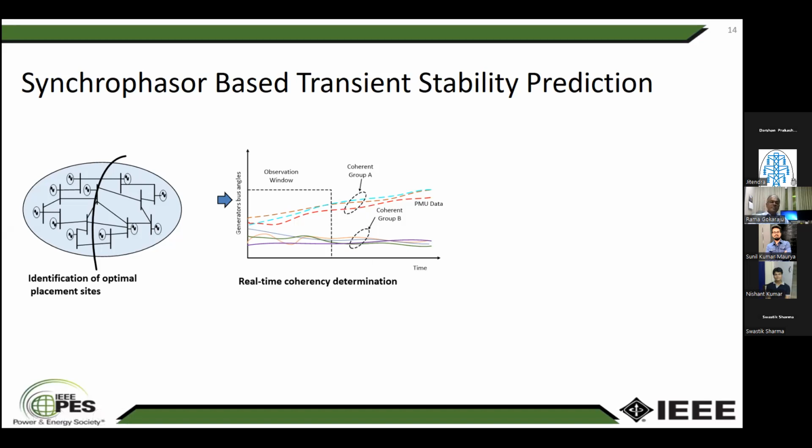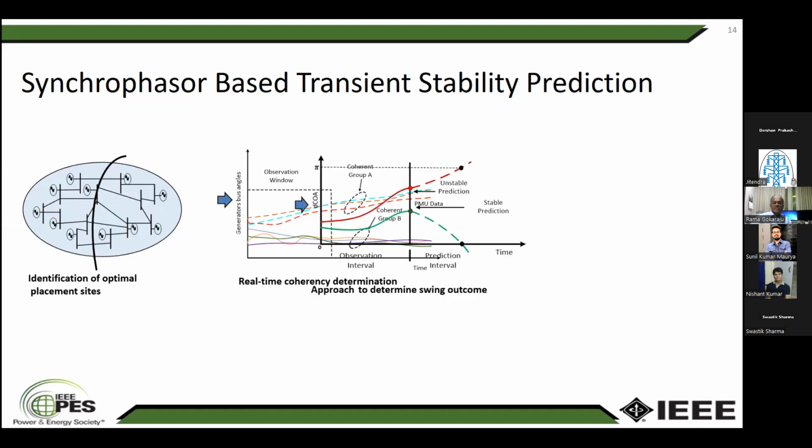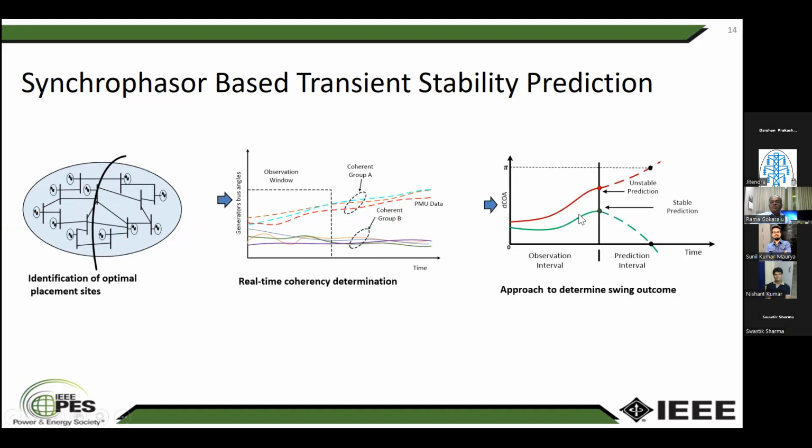These are the two coherent groups, and this can be a real-time coherency determination. There are now very good techniques to do the coherency. I'm not going to go over that in detail. The research is well established there. If we want to do the prediction, what we are predicting is whether the angle is going to go through a zero crossing, and then it is going to be a stable one.